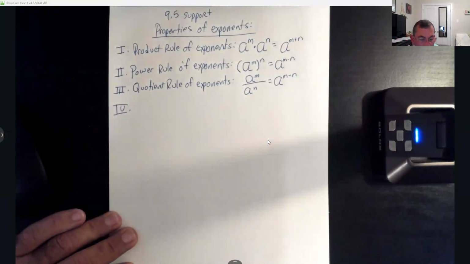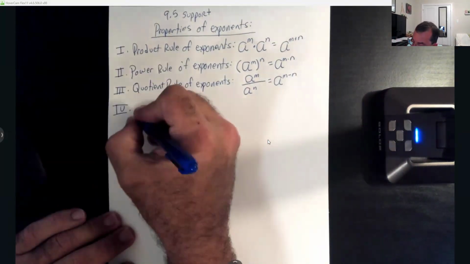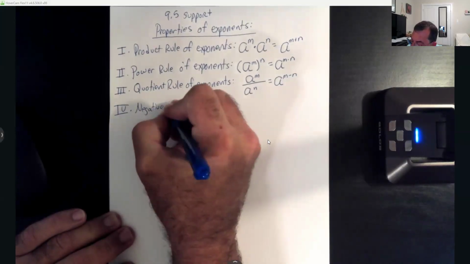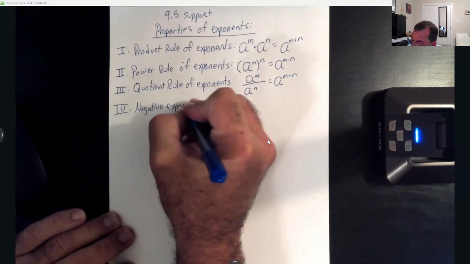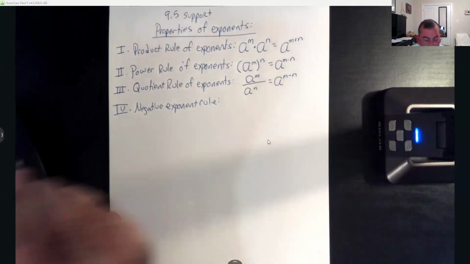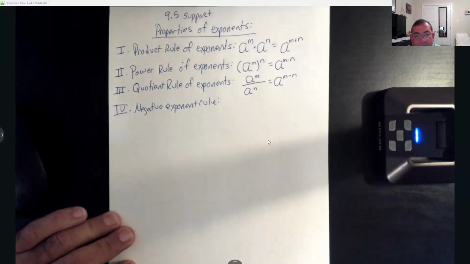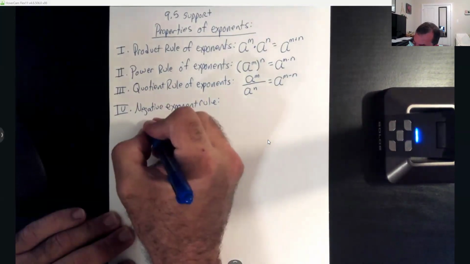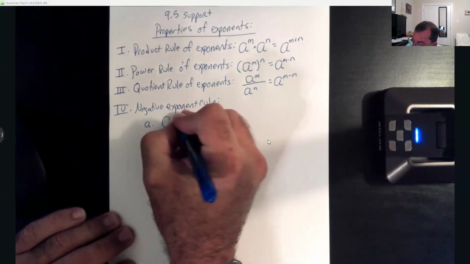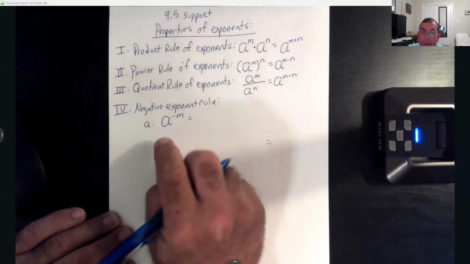You know, the last exponent rule deals with negative exponents. All right, so there is a few cases of these. The first case is of this form.